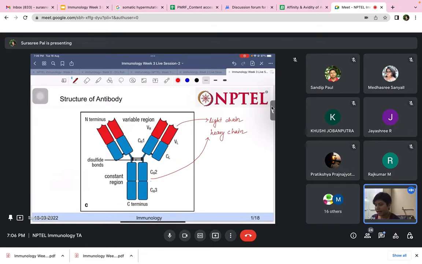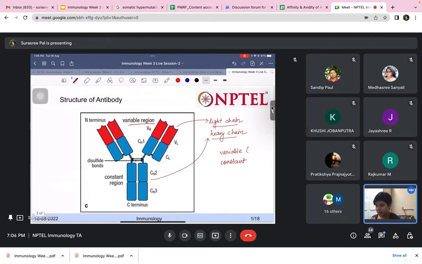So how are this light chain and heavy chain different? First of all, these light and heavy chains have 2 distinct regions. One is the variable region and another is the constant region. This top portion, shown here in red, is the variable region, and the domains shown in blue are the constant regions.